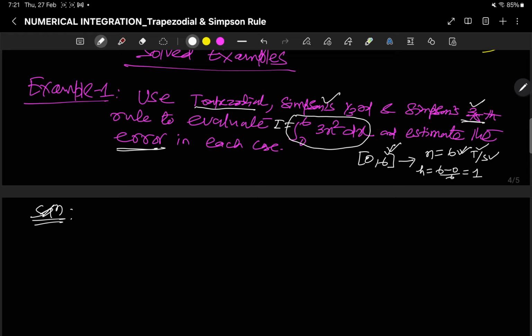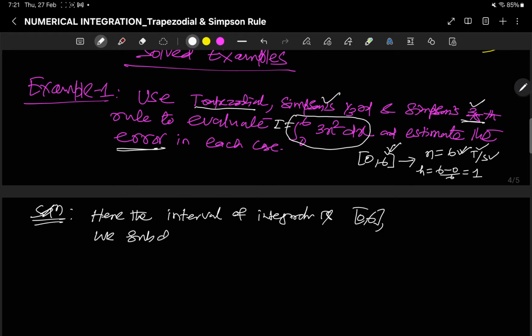Here the interval of integration is 0 to 6. We subdivide it into 6 equal parts.